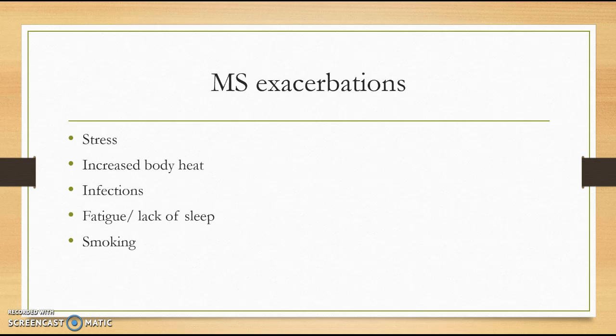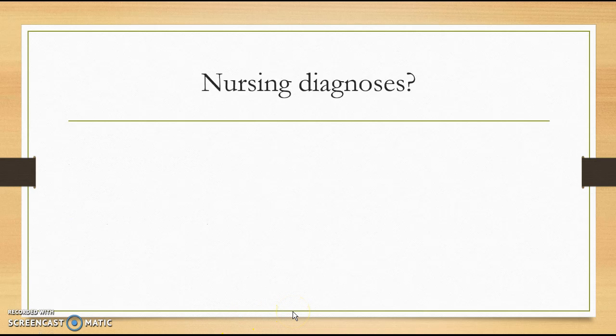Smoking also can exacerbate. It's important to tell the patient to maintain a healthy lifestyle. Eat a balanced diet, maintain adequate hydration. Okay. Fever, which is part of increased body heat and infection, can also be a cause for exacerbations of MS.